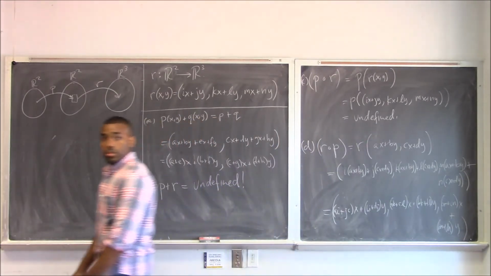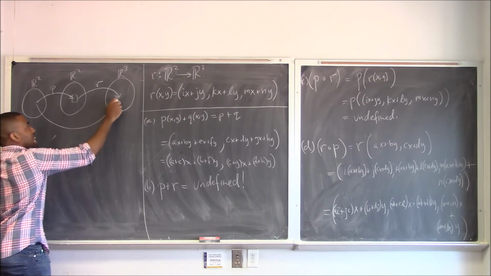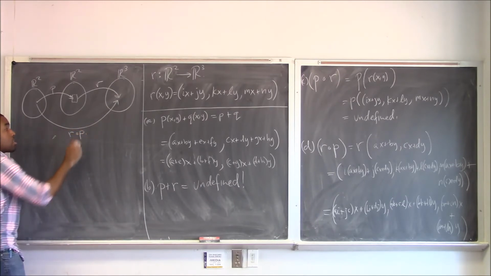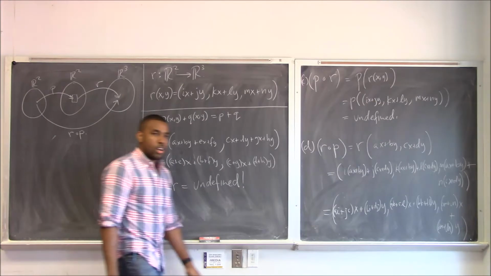Taking R2 to R3. Where does that go from, and where does that spit out? From the very first one all the way to the very last one, that's the function R of P.